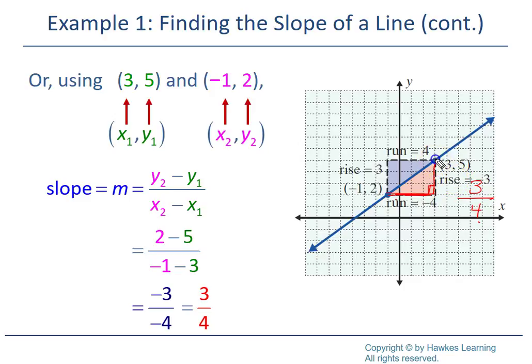Now if we started here, going down would be a negative direction, and then going to the left would be a negative direction. And that would be negative over a negative, but that still equals positive 3/4. So starting low, and as you go to the right, the line rises. This is positive slope. All right.